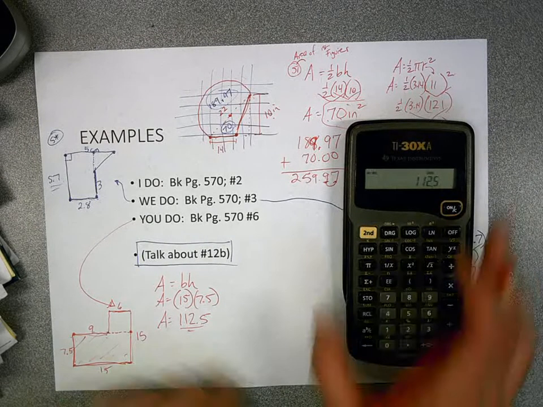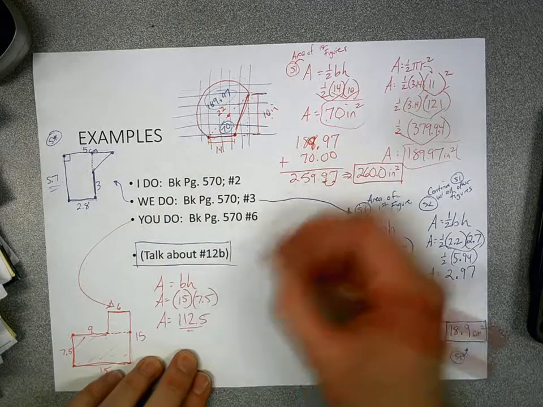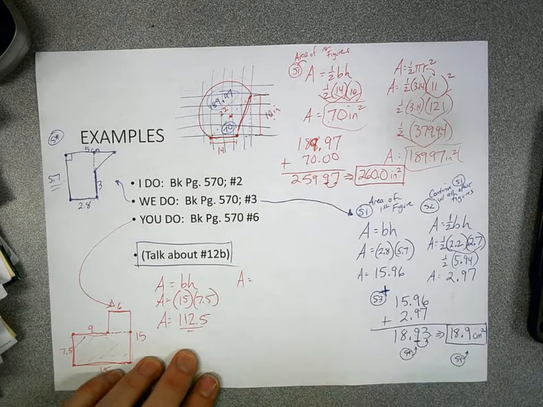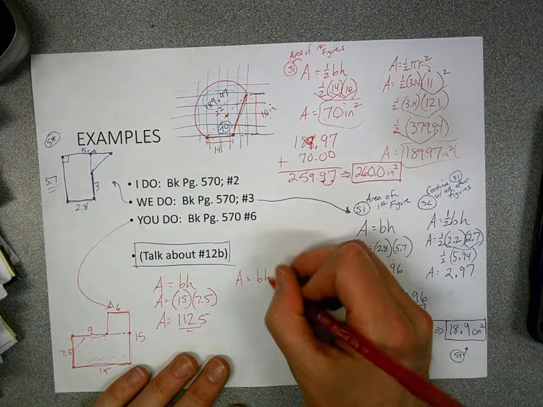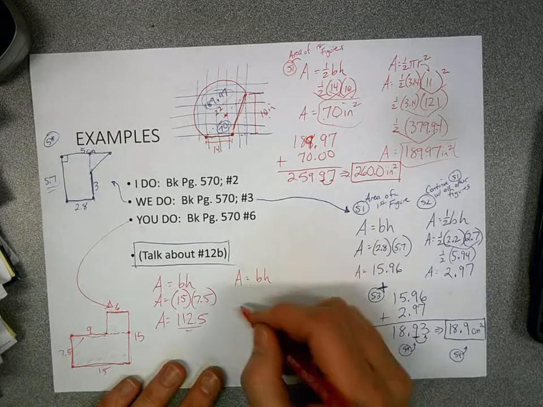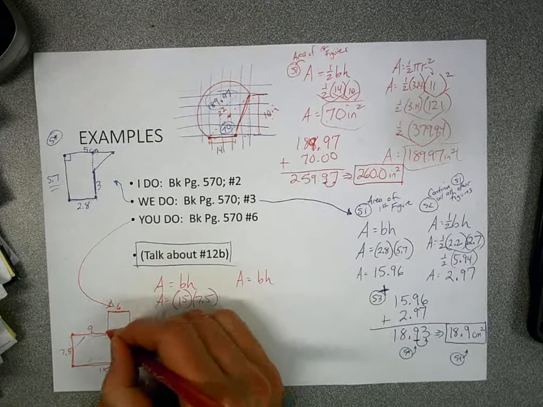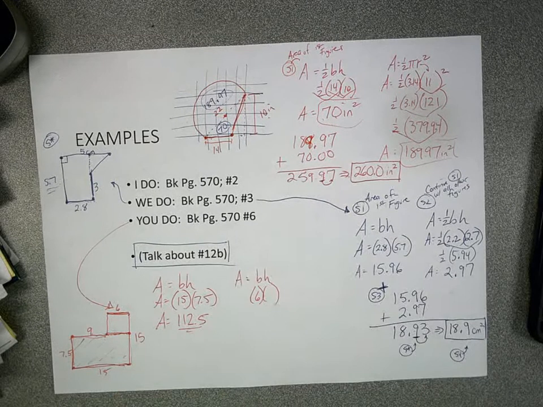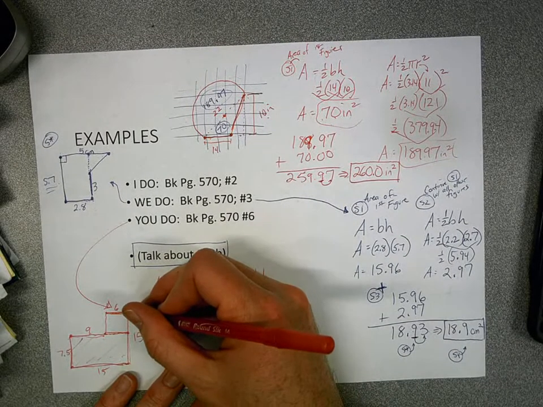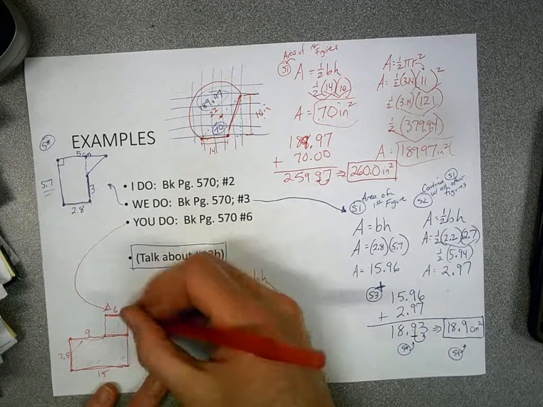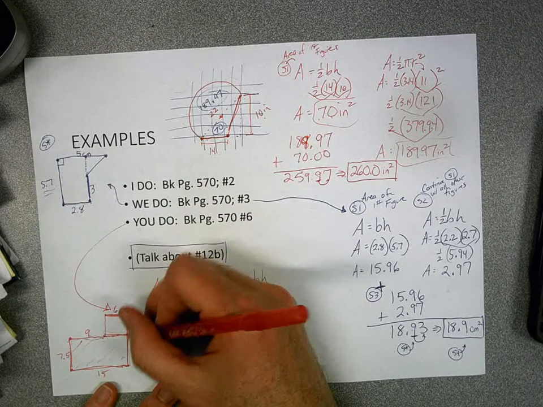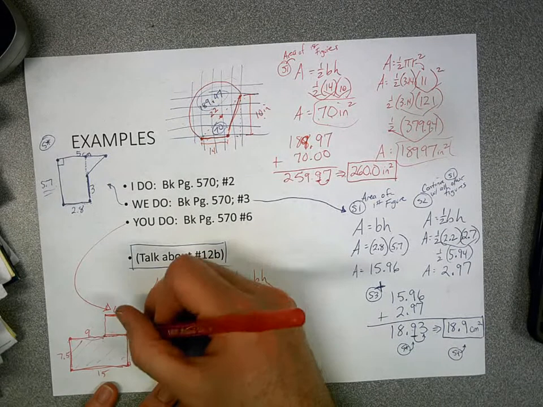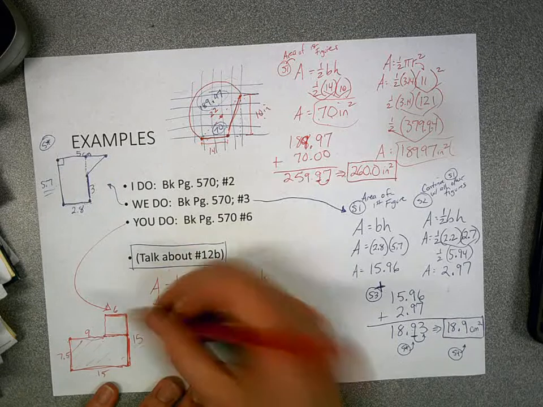Then the next one. It's also a rectangle, so it is base times height. Now on this one, if I consider this the base, it's the same as that. It's 6. The height is from here to here. Well, this whole thing is 15, and I do know that that part right there is 7 5/10.